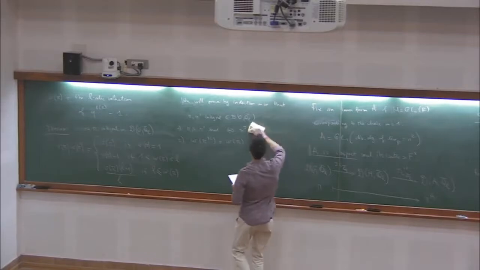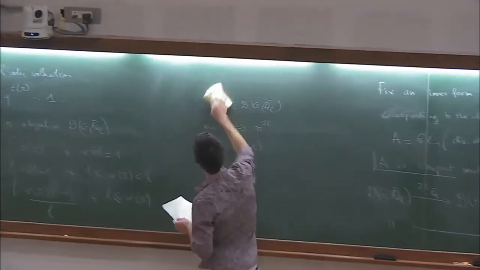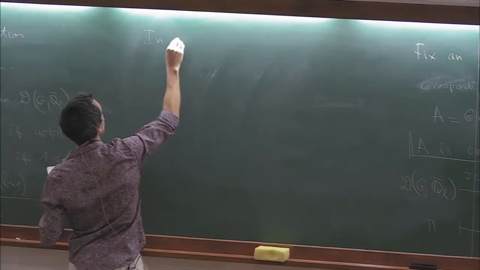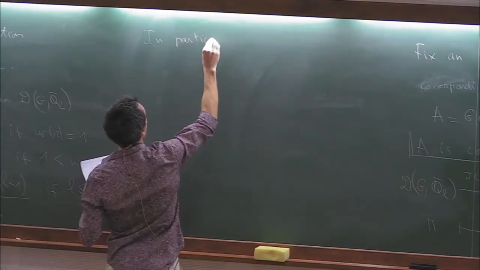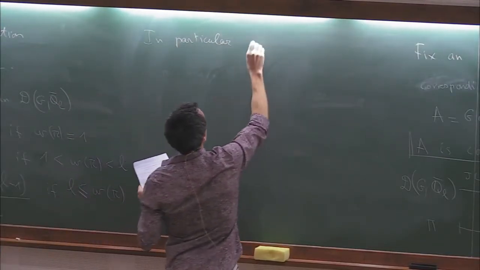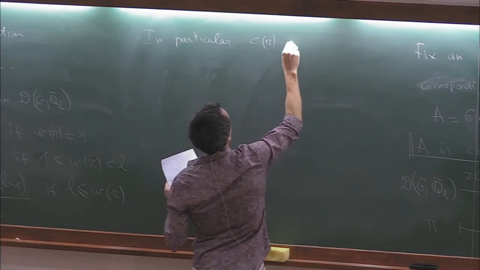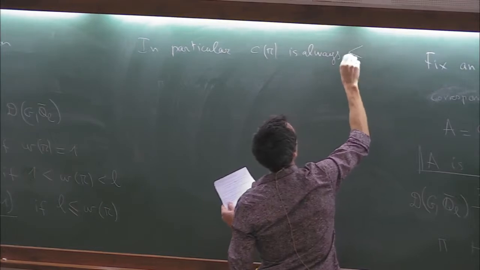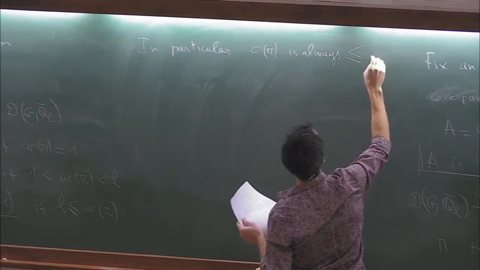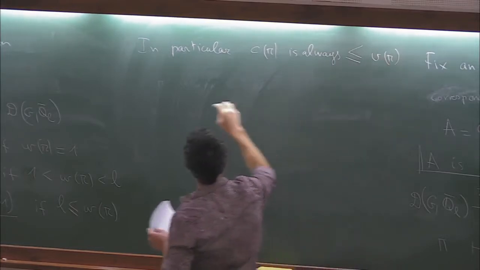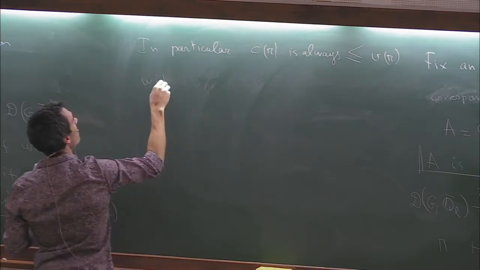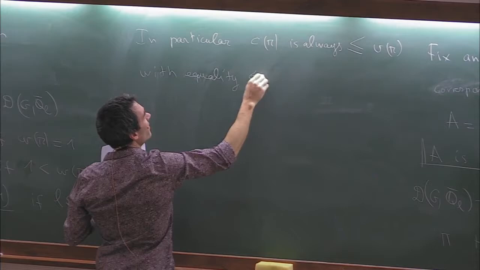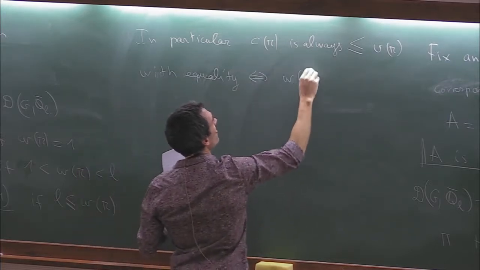In particular, it is an important remark that C of pi is always smaller than or equal to V of pi, with equality if and only if W equals 1.